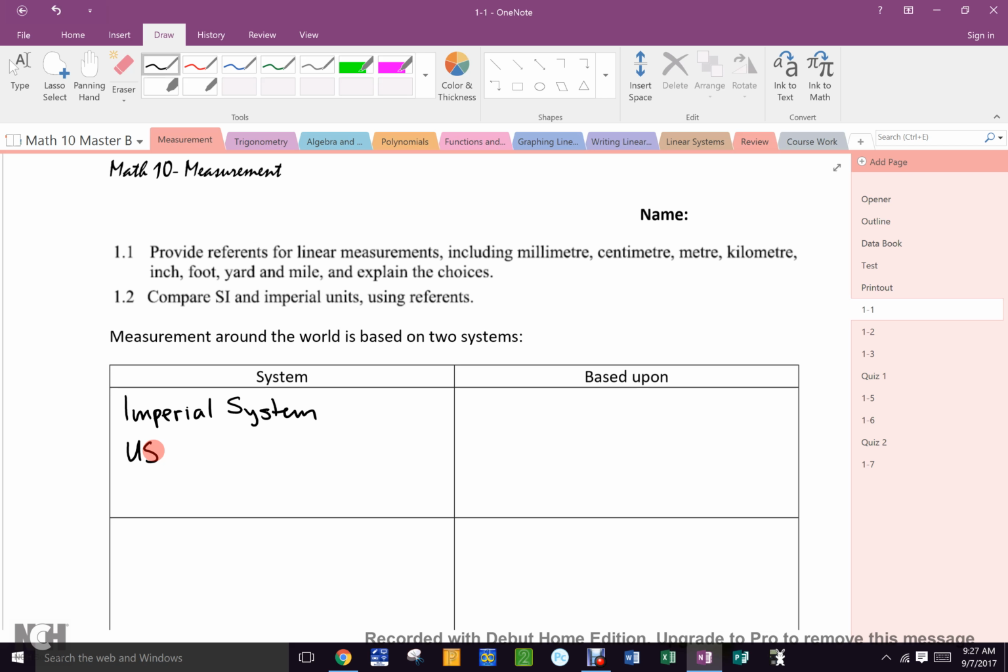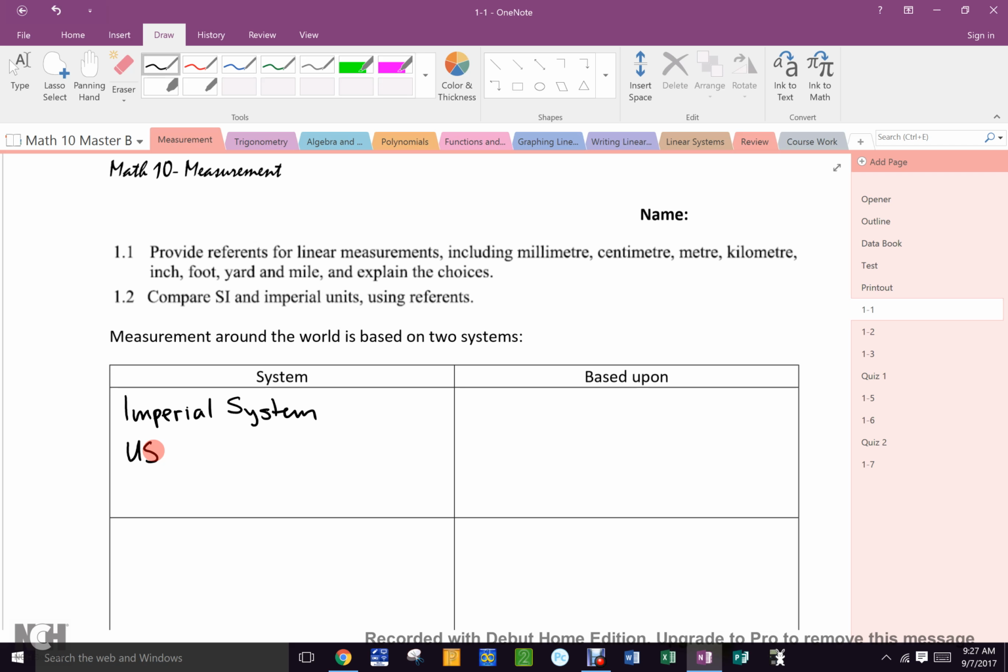So if you paid taxes on the amount of feet in something, and the king had small feet, were you happy? No. Carlin, think about that before you answer. If the king had small feet, and you paid taxes by the foot, were you happy? No. If the king had Shaquille O'Neal-sized feet, were you happy? Yes, very much so. So it's based on body parts for measurement.